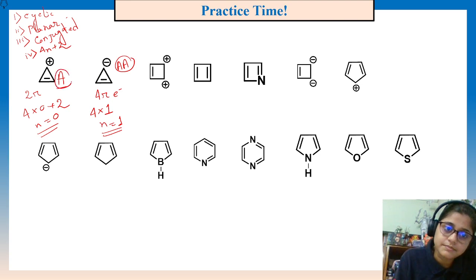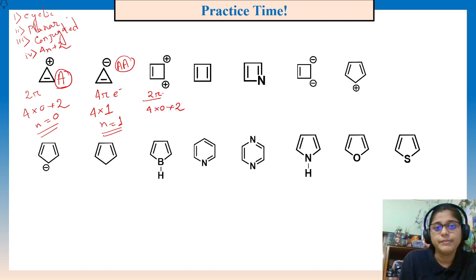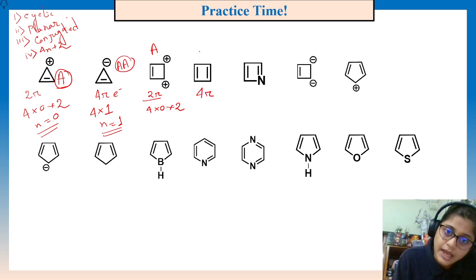Okay, now coming to this third one, 2 positive charges are here, so conjugated, number of pi electrons 2 pi, obviously 4 into 0 plus 2, so it will be aromatic. It has 2 plus 2, means 4 pi, anti-aromatic.